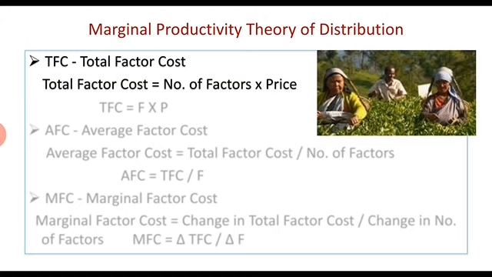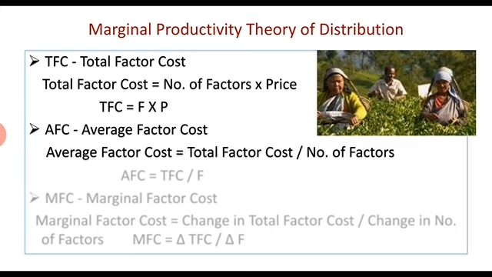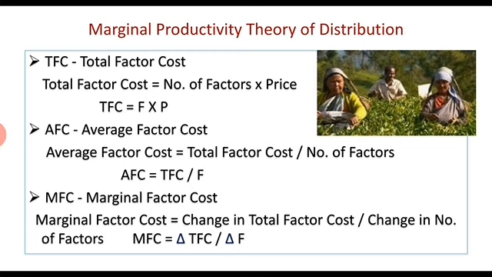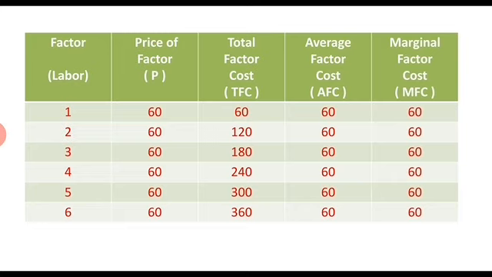Total factor cost: number of factors into price is equal to total factor cost. Average factor cost: total factor cost by number of factors is equal to average factor cost. AFC is equal to TFC by F. Marginal factor cost: change in total factor cost by change in number of factors. MFC is equal to delta TFC by delta F. Here the factor price is 60 rupees.